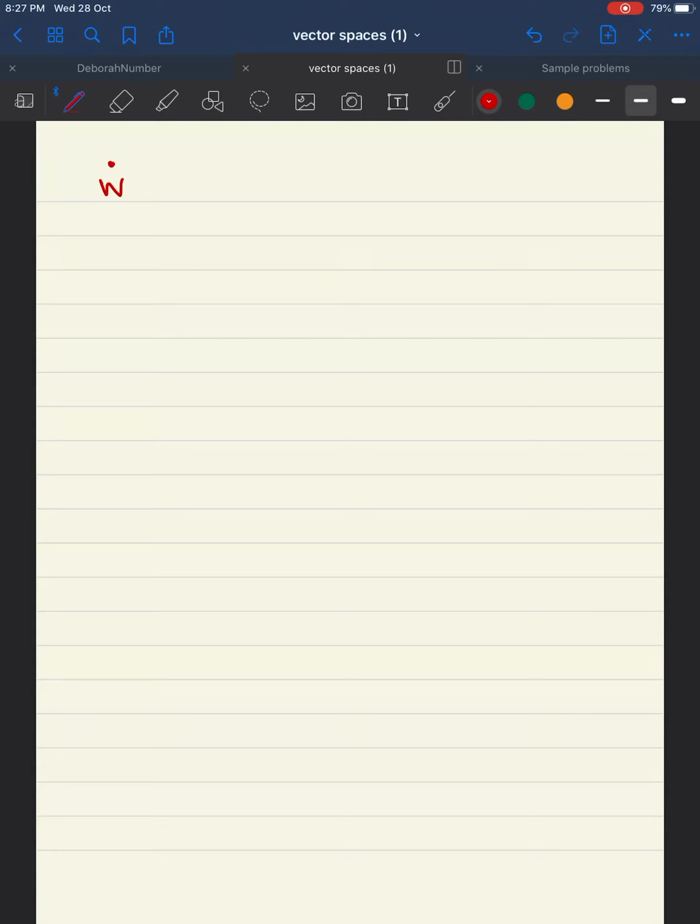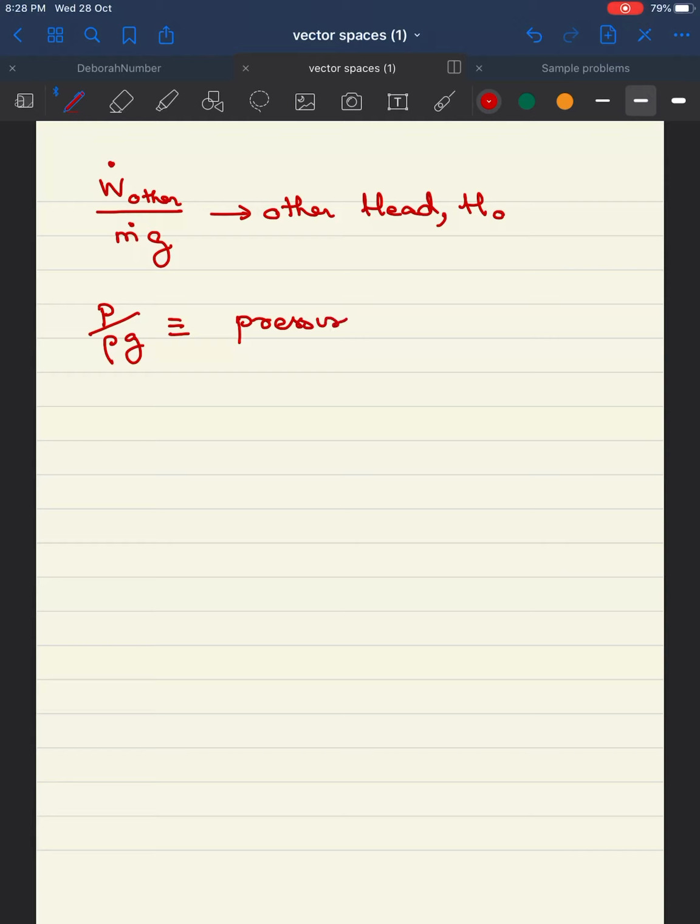W dot other by M dot G is also called the other head, and we'll just say HO for that. P by rho G is also called the pressure head. And V squared by 2G is also called the velocity head.